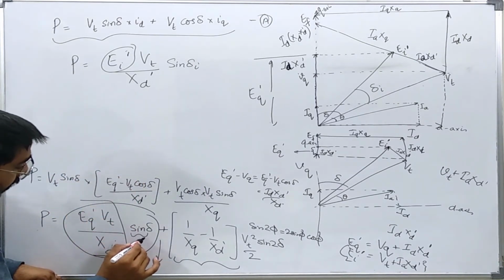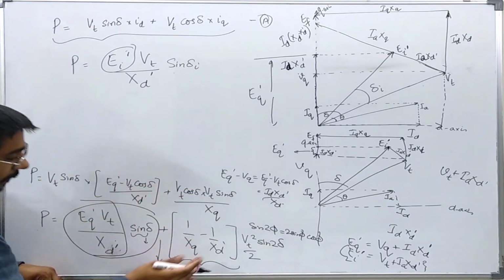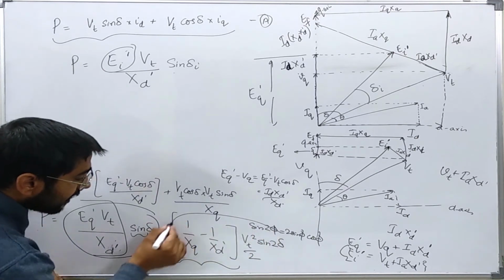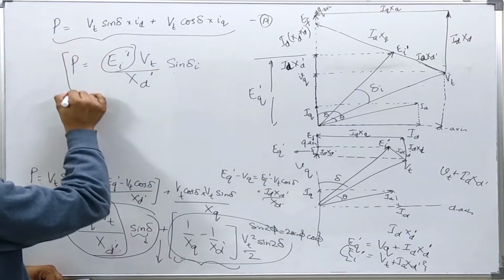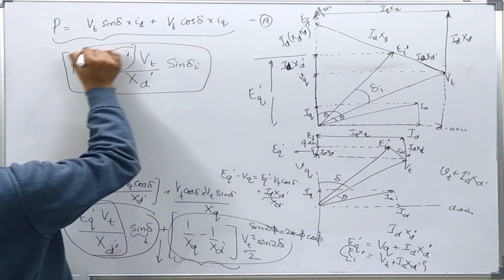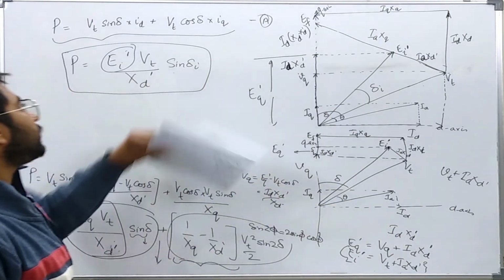Only this thing will reduce. But this reduction will be compensated by this negative term. So I will just write the power during the transient for this type of machine by this equation.